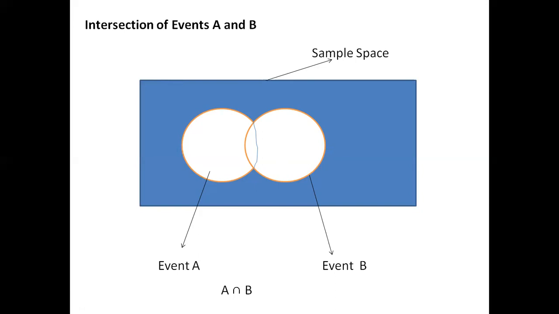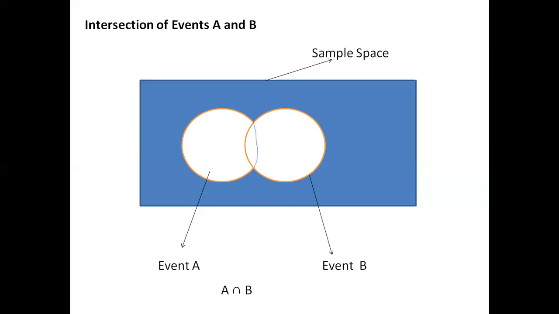When there are two events, event A and event B, the intersection of A and B is the event containing the experimental outcomes belonging to both A and B. Just focus on this word: both.